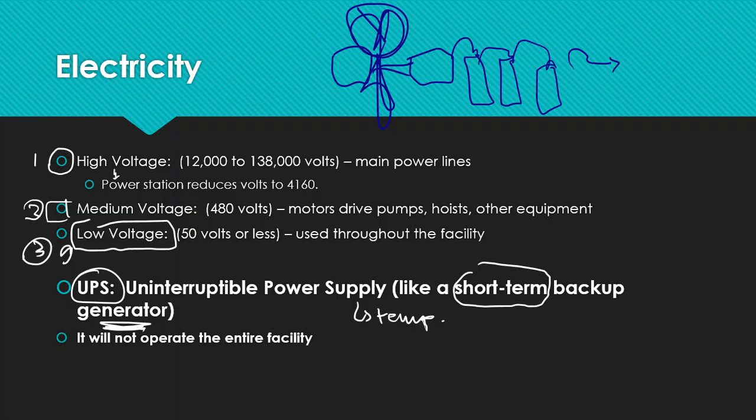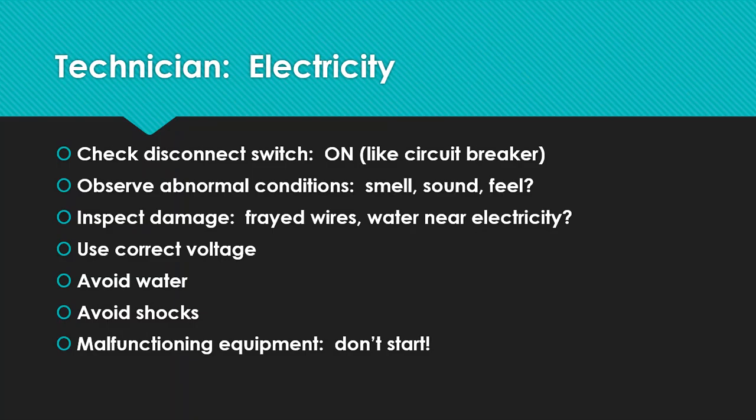So generators are a have-to. Generators can be found, absolutely, but we also have these little short-term power supplies that can be used as well if the power doesn't stay out for long periods of time. But again, they don't power the entire facility.